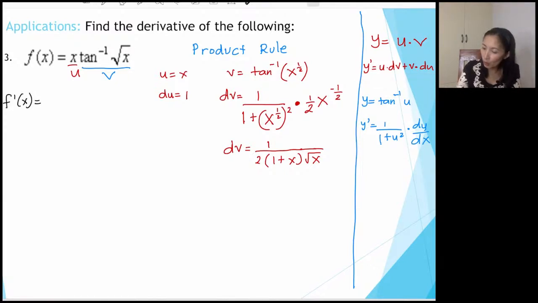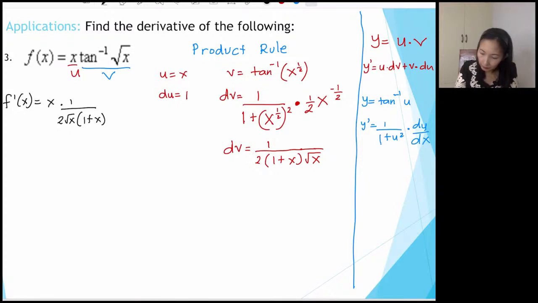Okay, so u is x, dv the whole of this. Okay, x times dv. May we have it below so that we'll have enough space. X times, let me copy from here, u dv, 1 all over 2 square root of x times 1 plus x. Okay, so that's u dv.